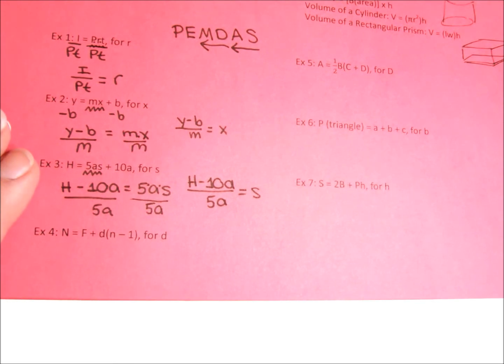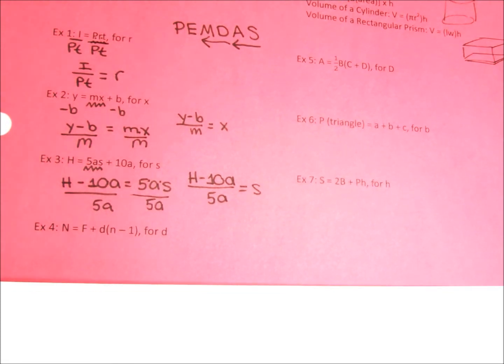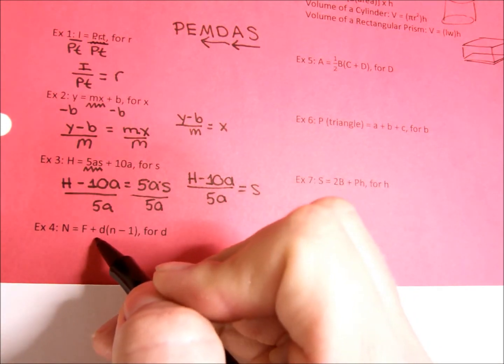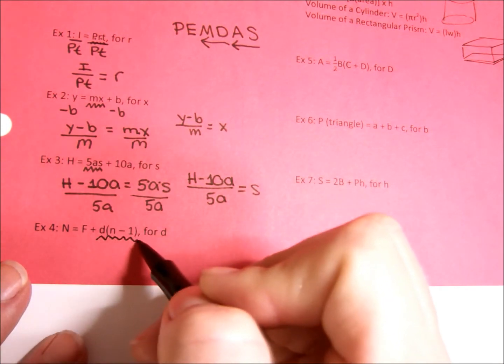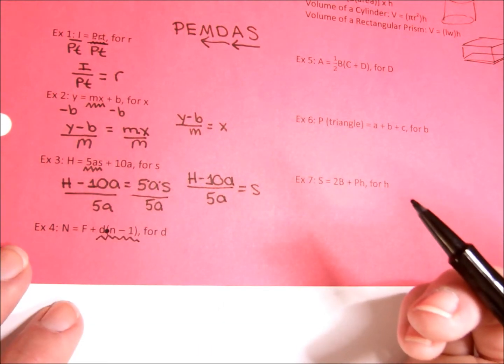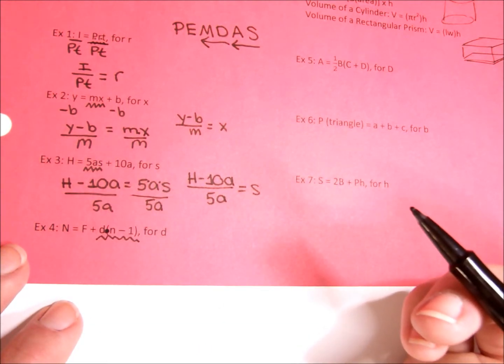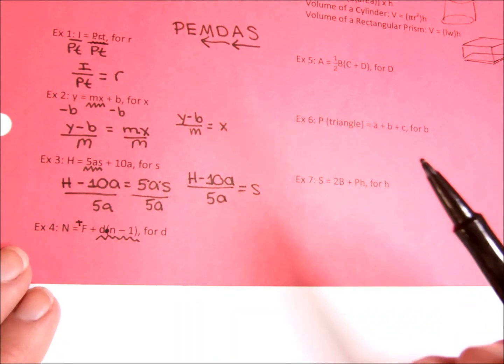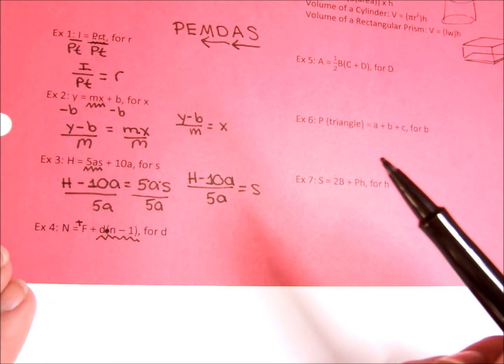Okay, number 4 is a little special. I think you guys will just do just fine with it. All right, so where is D? D is right here. He's attached because that's multiplication right there. So we need to get that whole thing by itself first. Okay, so that says plus F. That's a positive F. So how do we get rid of positive F?